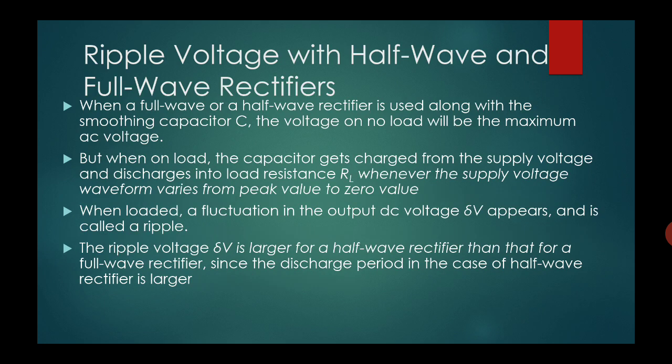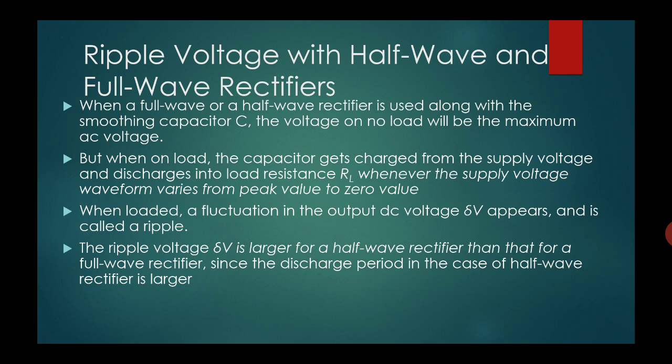Now we'll talk about the ripple voltages with half wave and full wave rectifiers. As I have discussed previously, ripples are nothing but undulations in the output. When we convert AC to DC, we do not get a pure DC, but a DC with small variations.